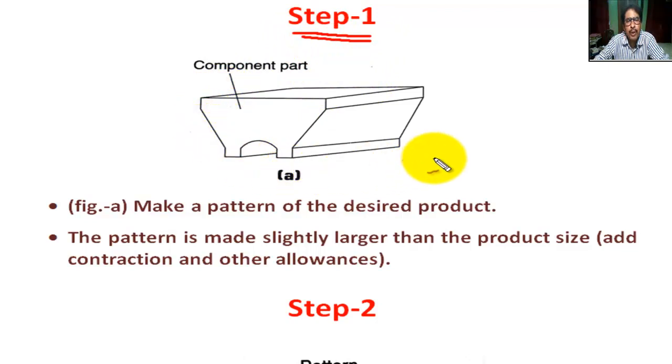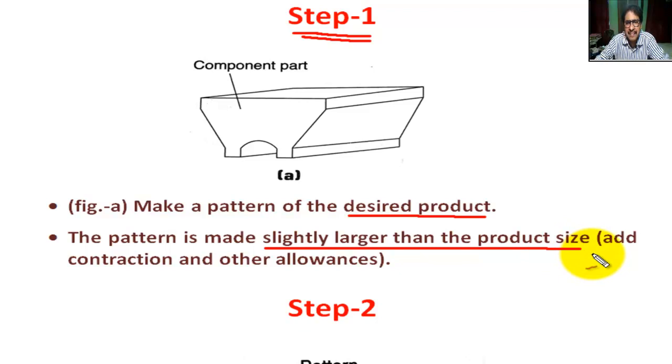This is the product or component part, Figure A. Make a pattern of the desired product. The pattern is made slightly larger than the product size. In the pattern, add contraction or other allowances.